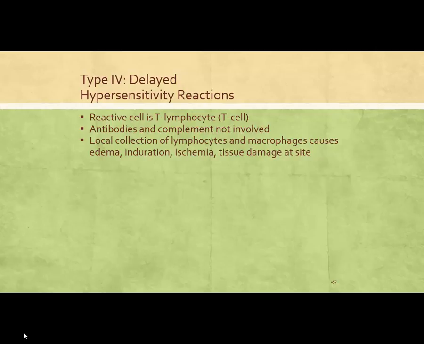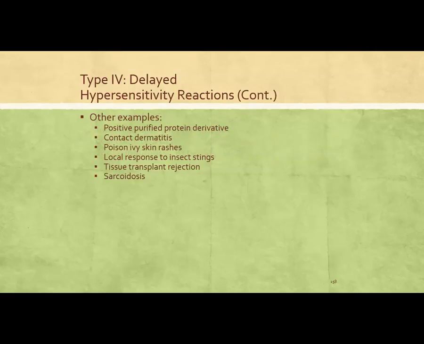So we see these as being delayed reactions, so it takes a longer period of time for us to start seeing inflammatory responses. We see these a lot of times with poison ivy, graft rejection, and we can also see it with a positive TB test.